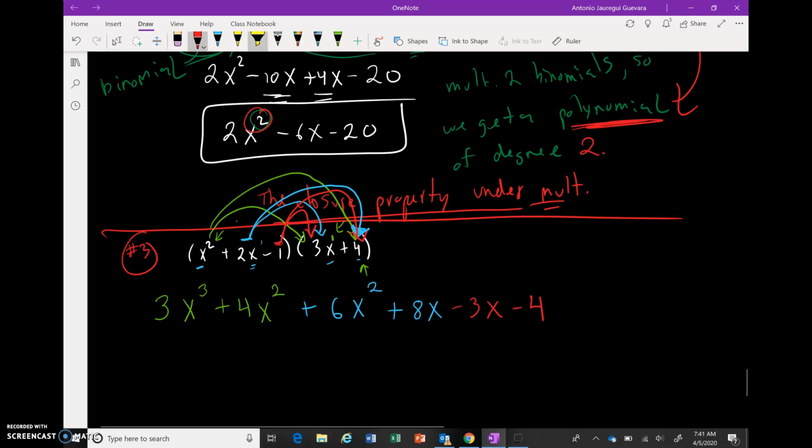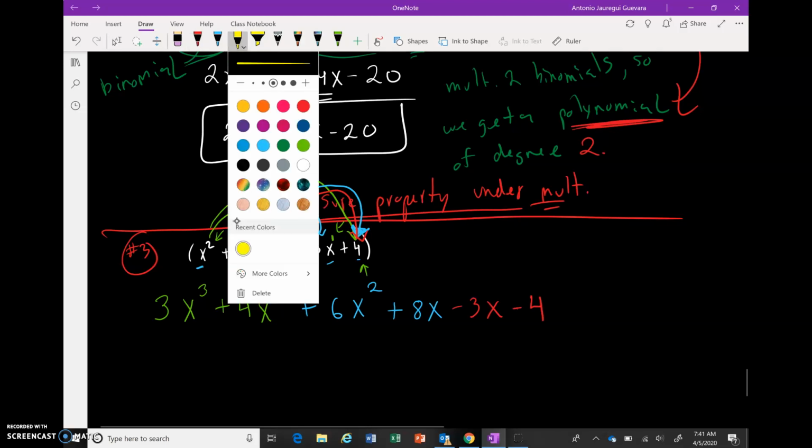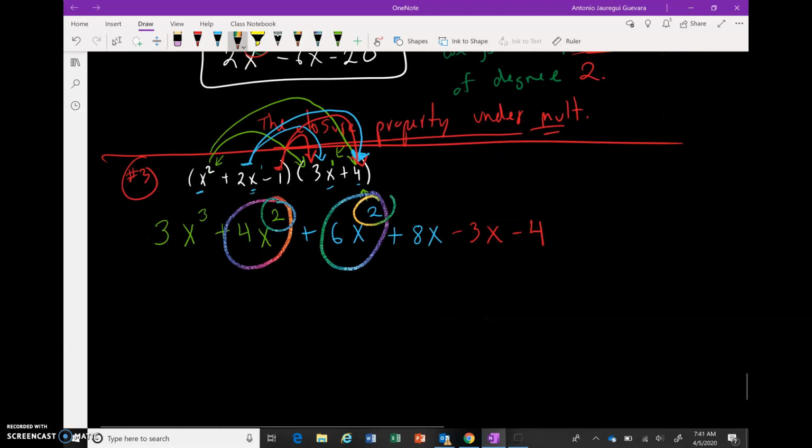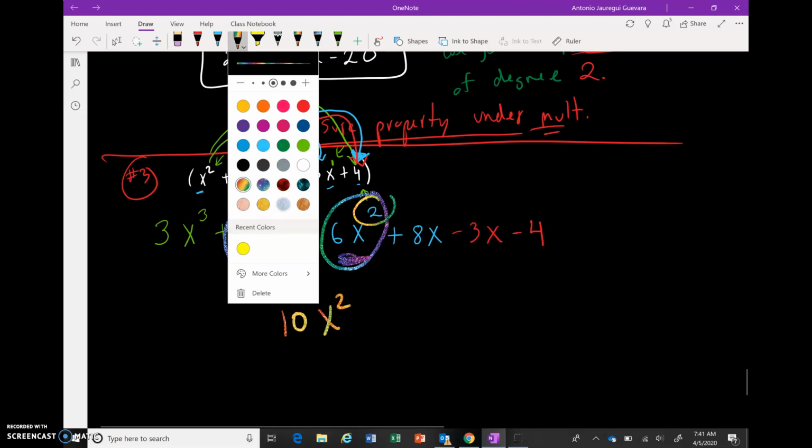Now let me see if I can use some type of highlighter here. I'm excited to try this. Now you want to just combine like terms. If you notice here, this and this have the same exponent, so you want to combine those. 4x squared plus 6x squared will give me 10x squared. Cool, I like this color.